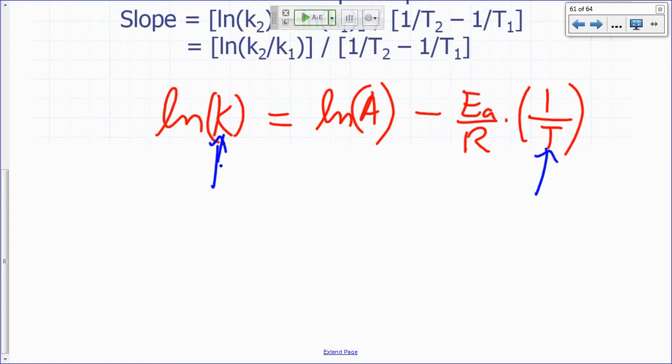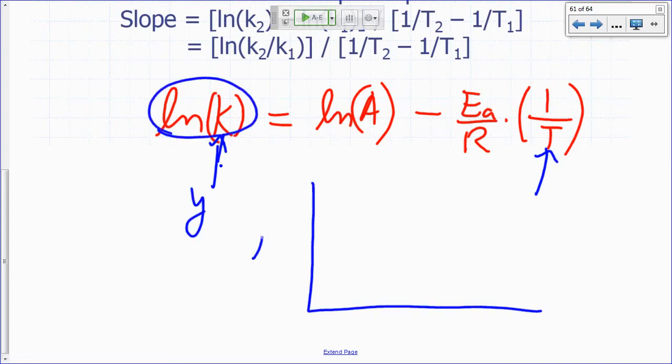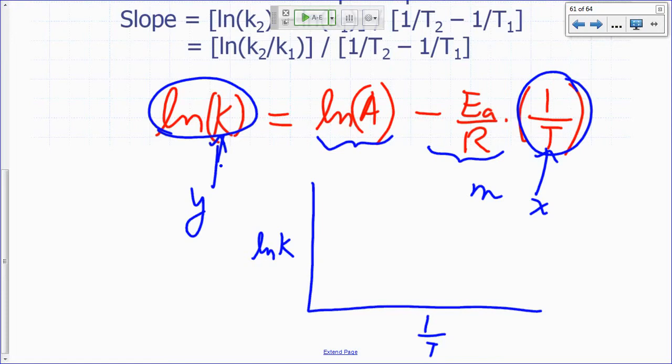If I put natural log of k on my y-axis and 1 over T on my x-axis, y equals mx plus b would be the equation for a straight line. What is negative EA over R? That's your slope. And ln A is going to be your y-intercept.